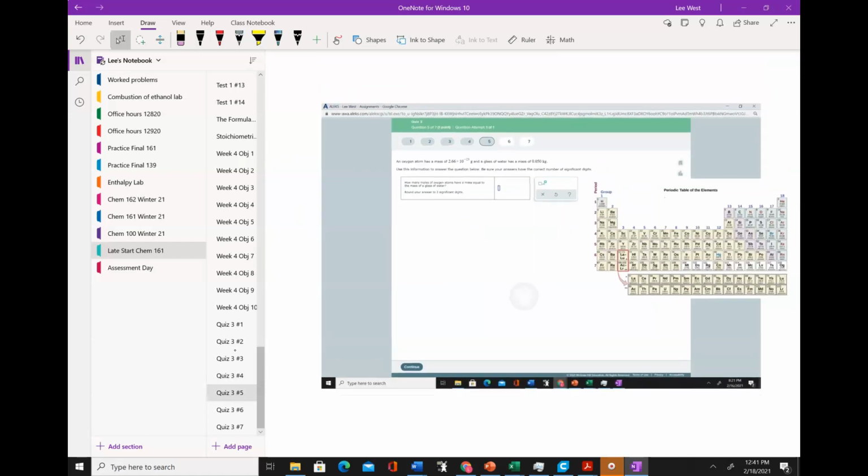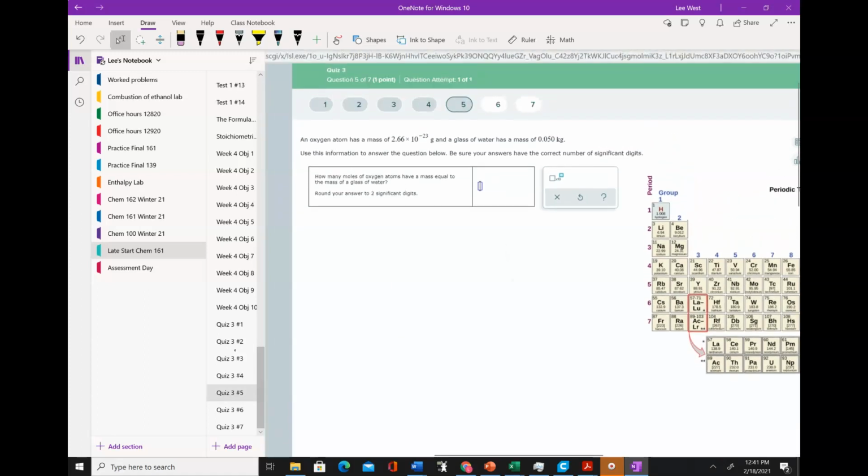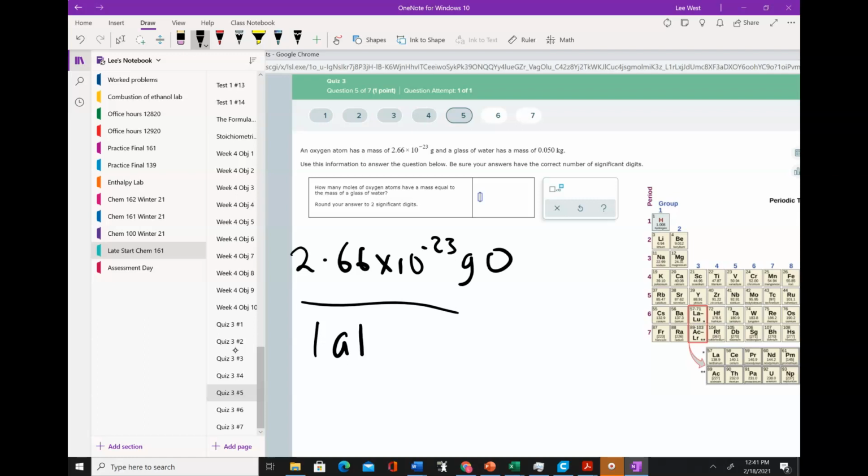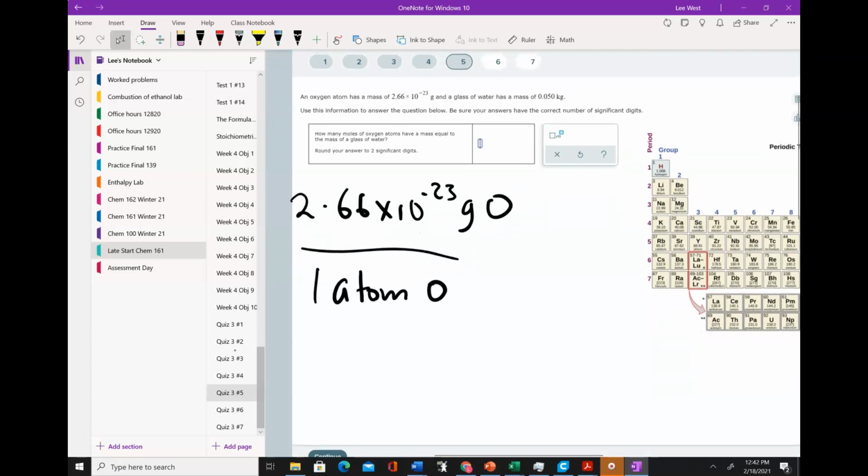All right, this looks like a moles type problem. So an oxygen atom has a mass of 2.66 by 10 to the minus 23 grams. So 2.66 by 10 to the minus 23 grams of oxygen for every 1 atom of oxygen. And a glass of water has a mass of 0.050 kilograms.